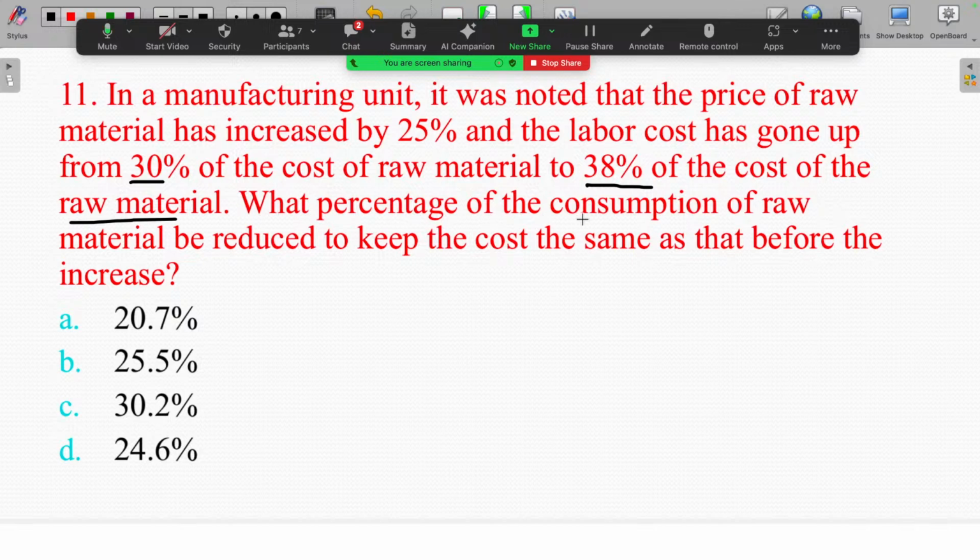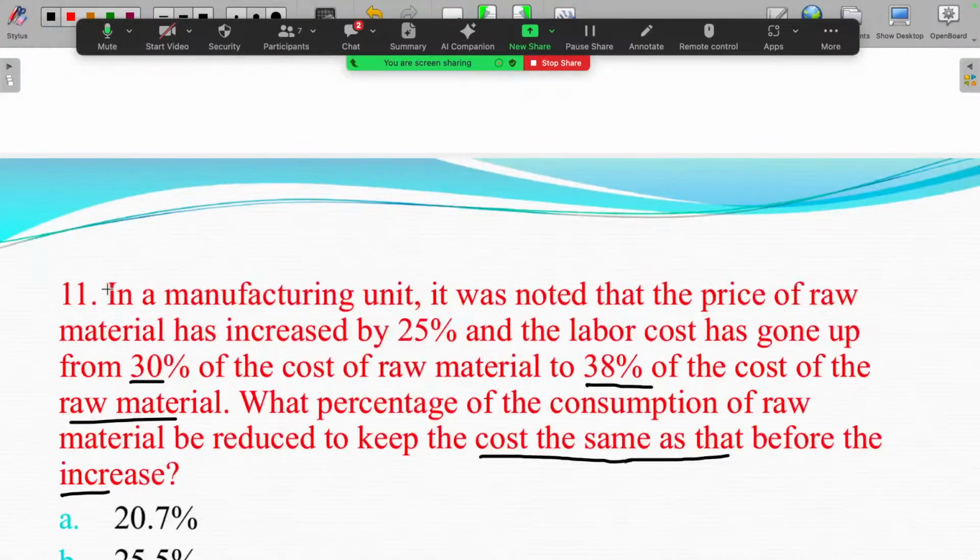What percentage should the consumption of raw material be reduced to keep the cost the same as before? Be careful, the concept is very important here. The most important statement is "same as before".